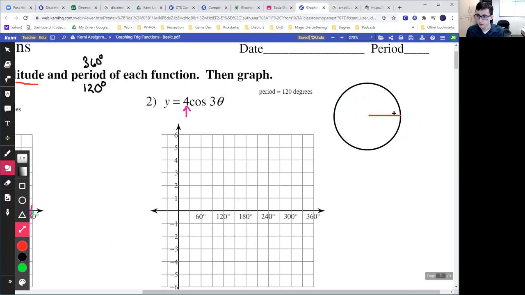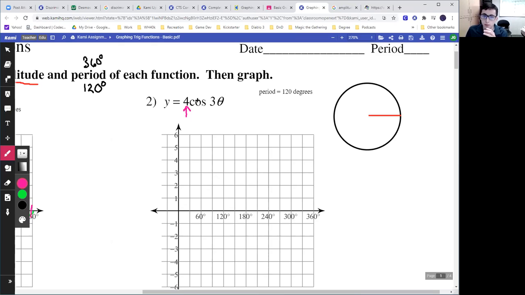Sine starts at 0, cosine starts at 1 if you're starting at 0 degrees, but it's still bouncing between those similar values. So in a similar way as we said before, cosine is restricted to those values.